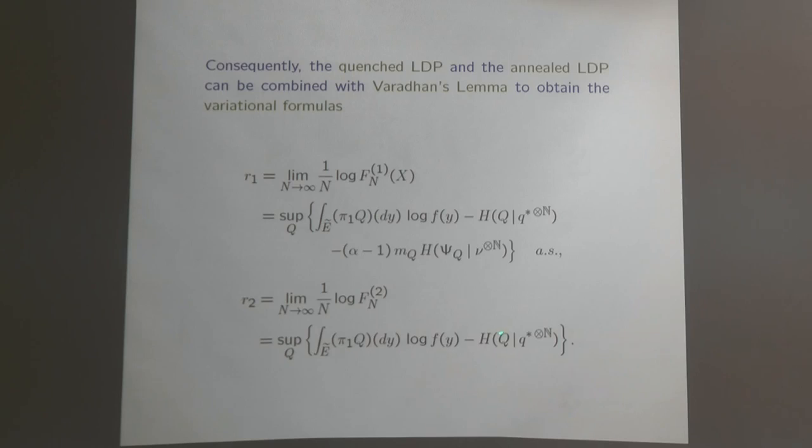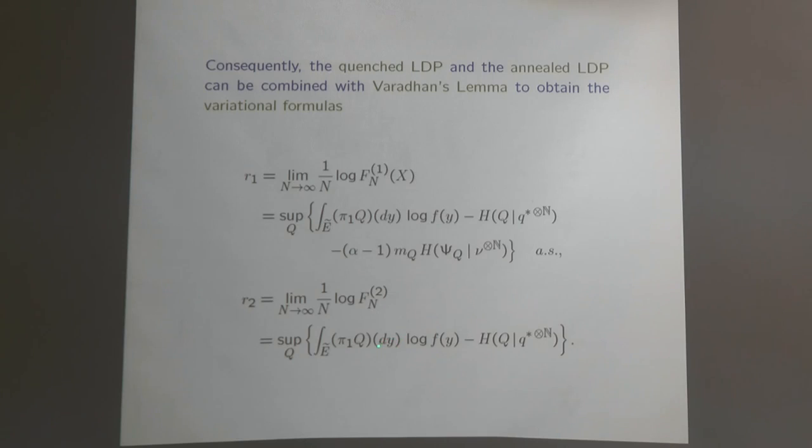So this supremum must be taken by a product Q, because this only depends on the 1 point marginal, and this is minimal by making Q a product. So this variational formula over sequences reduces to a variational formula over a single word.